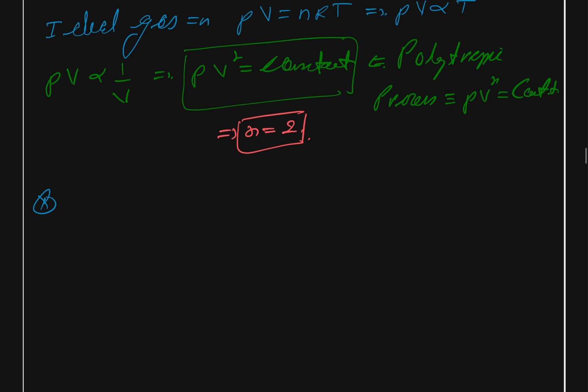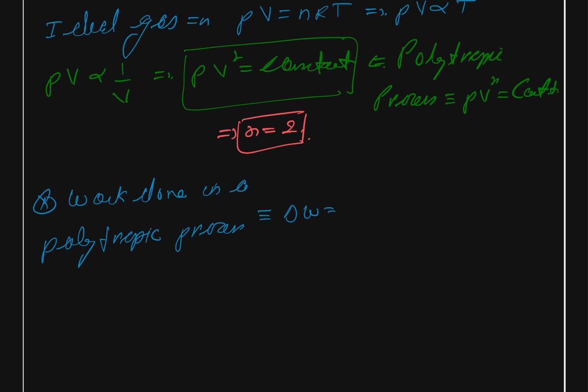So we can say work done in a polytropic process is, suppose, delta W, and that will be equal to P2 V2 minus P1 V1 upon 1 minus x, but there is a condition: x not equal to 1.